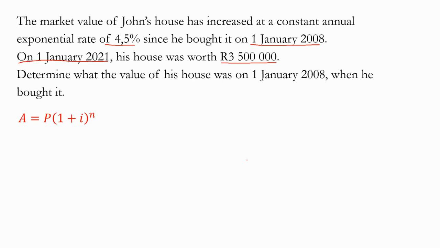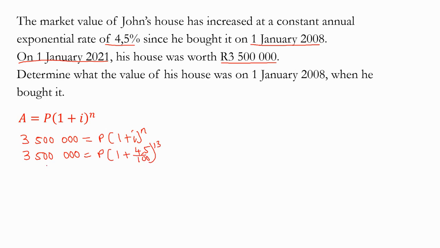We substituted our A, which was 3,500,000, is equal to P, and then 1 plus I to the power N. Let me just rewrite it. So it's 3,500,000 is equal to P, and then 1 plus 4.5 over 100 to the power 13.